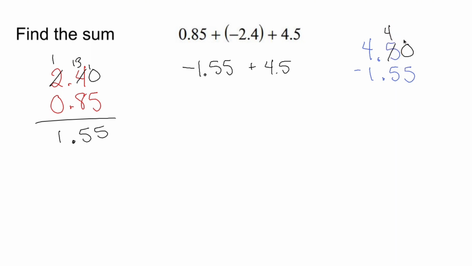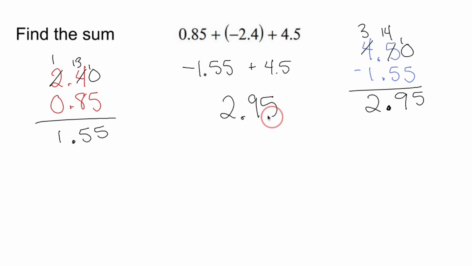Carry the 1, borrow the 1, and whatever the words are. 10 minus 5 is 5. 4 minus 5 can't do it, so borrow from here and call you 14. 14 minus 5 is 9. Okay, there's your decimal. 3 minus 1 is 2. So at the end of all of this, my final answer is going to be 2.95.